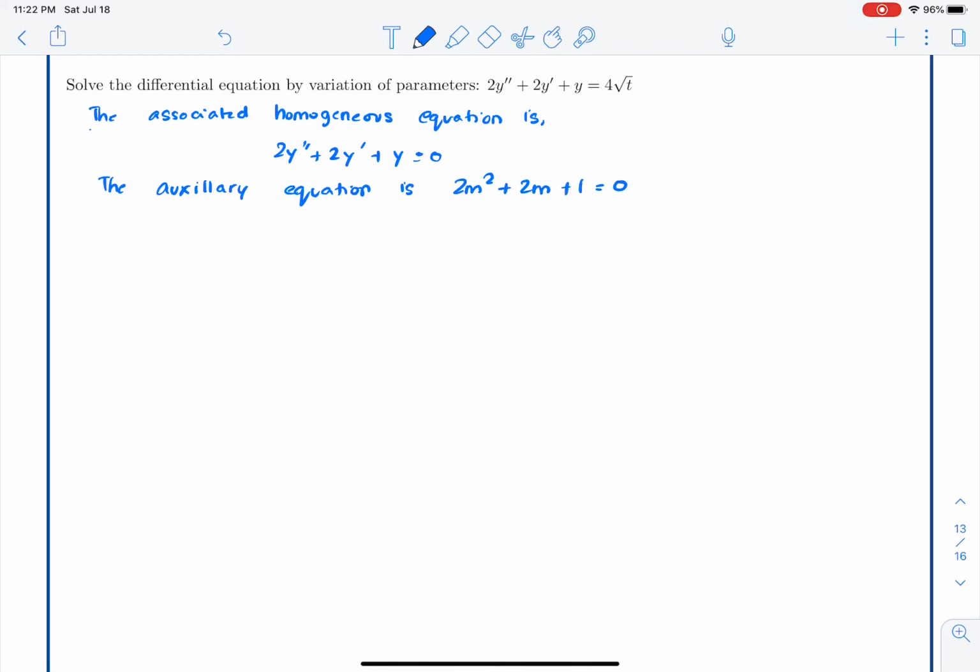I believe we can factor this as 2m squared plus m plus 1. Perhaps not.